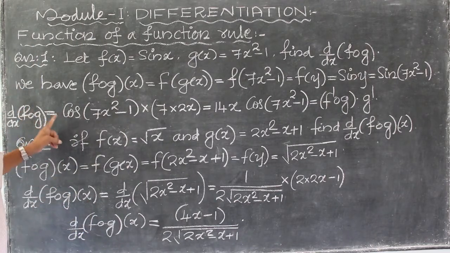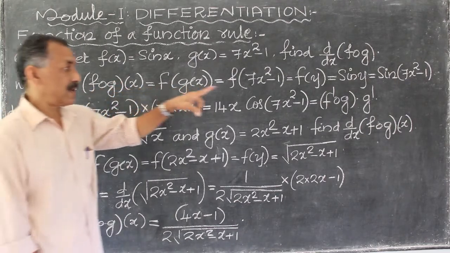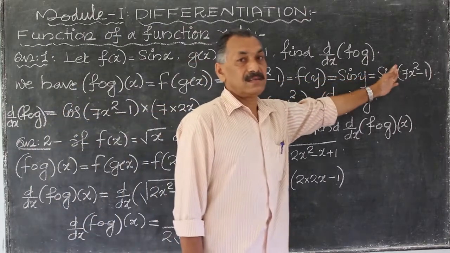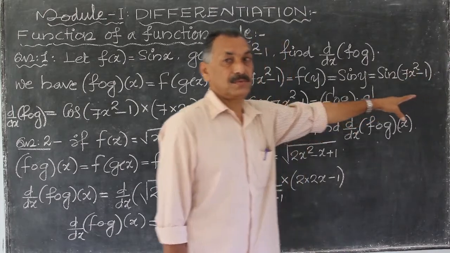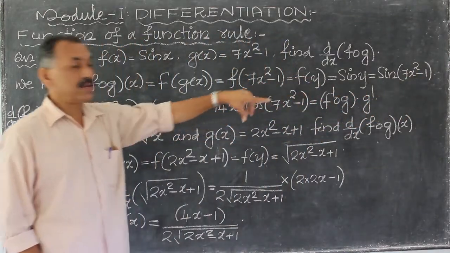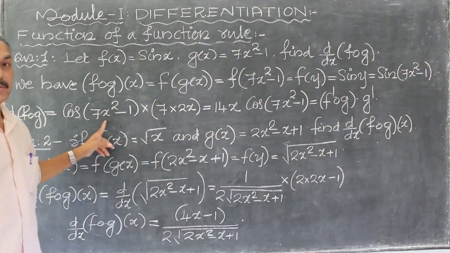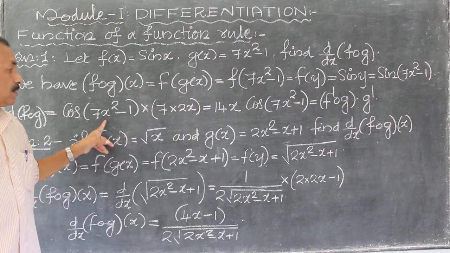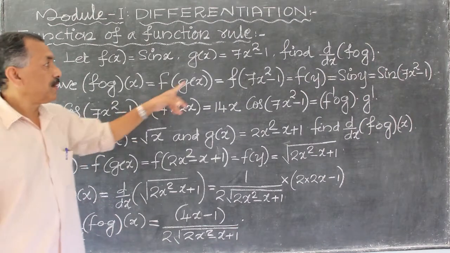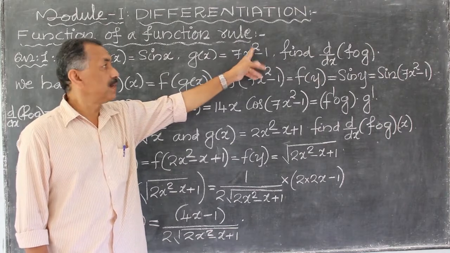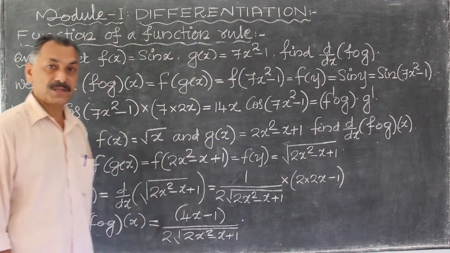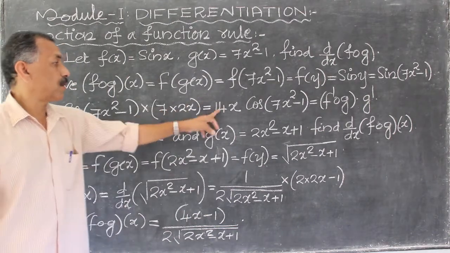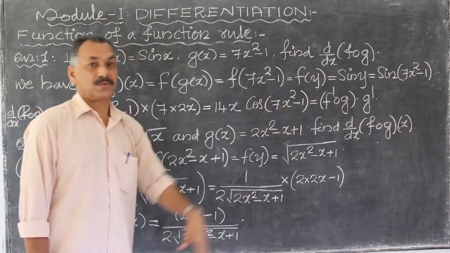Then the derivative of sin u is cos u. So sin of 7x square minus 1 gives cos u into the derivative of g of x, u into the derivative, 7 into 2x. That is equal to 14x into cos of 7x square minus 1.